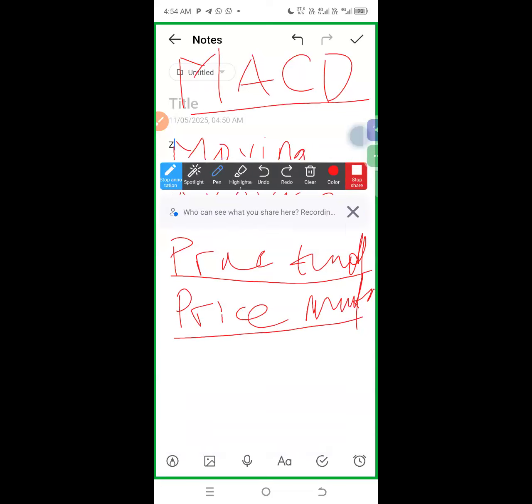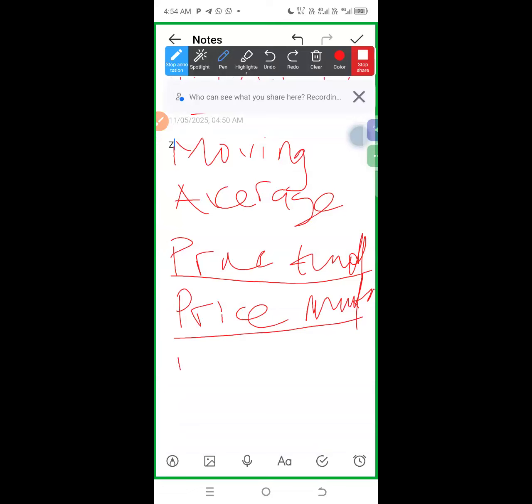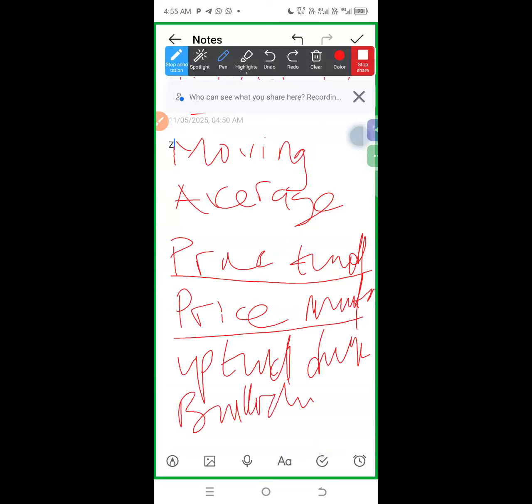When we talk of the price trend, we mean either it is an uptrend or a downtrend. And when we talk of the momentum, either it is very bullish or bearish. These are the two. At the end of the day, traders use the moving average convergence divergence to identify this.